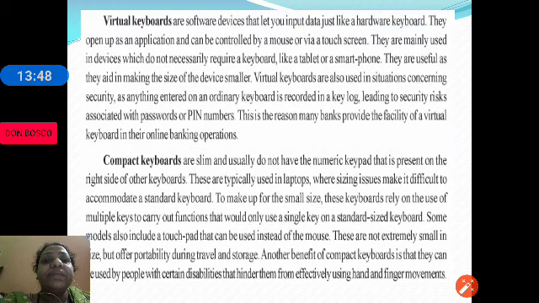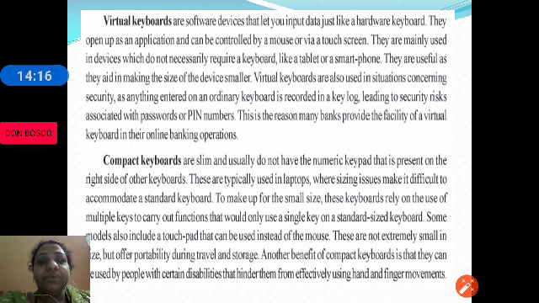Next we have virtual keyboards. Virtual keyboards are software devices that let you input data just like a hardware keyboard. They open up as an application and can be controlled by a mouse or via a touch screen. Most of you are using smartphones.